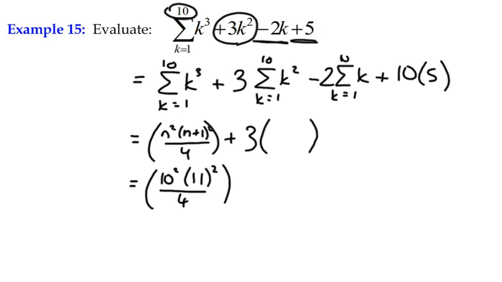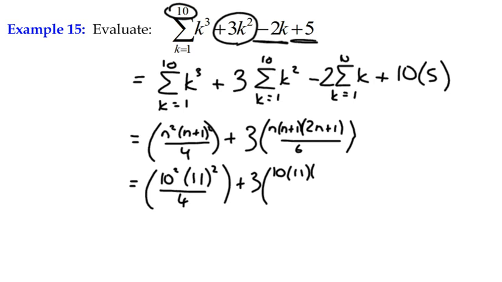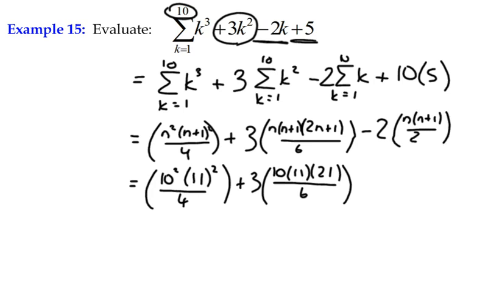That one's a wee bit trickier to remember. It's n times n plus 1 times 2n plus 1, all over 6, which in this case is 10 times 11 times 21 all over 6, minus 2 lots of n times n plus 1 over 2, which is the formula for sigma k.